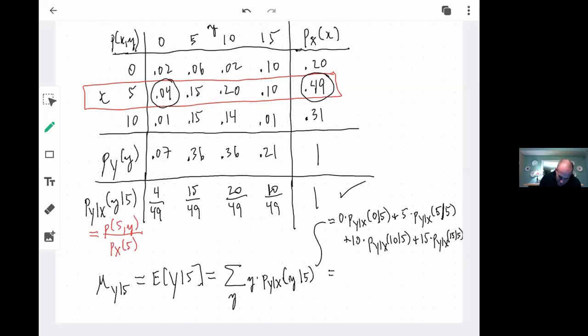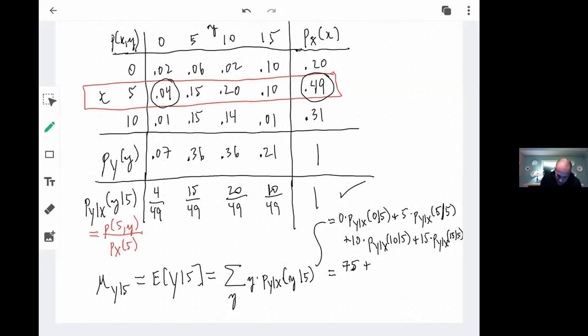Well, the 0 thing is obviously going to go away. And then I'm going to take 5 times 15 over 49. Okay, 5 times 15 is 75, so it's going to be 75 over 49.